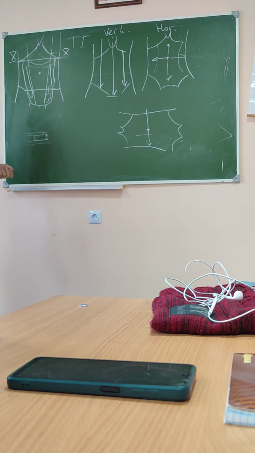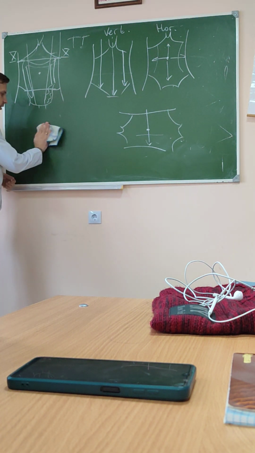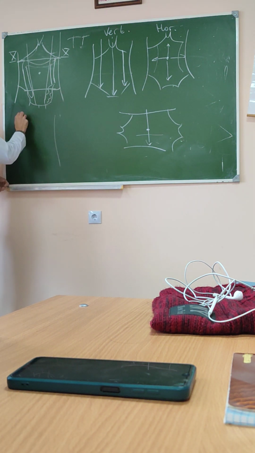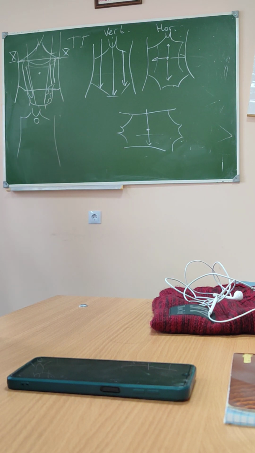ascites too. And one more practical skill for today is auscultation of the abdomen. It has to be performed both in vertical and horizontal position. In vertical position, we auscultate epigastric region and give to patient a cup of water.